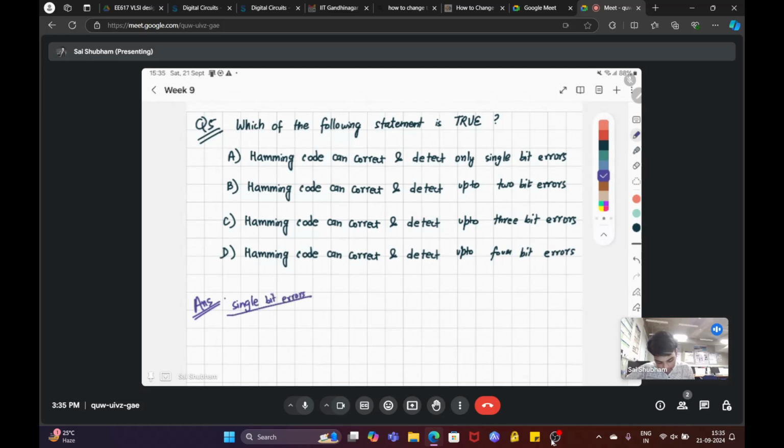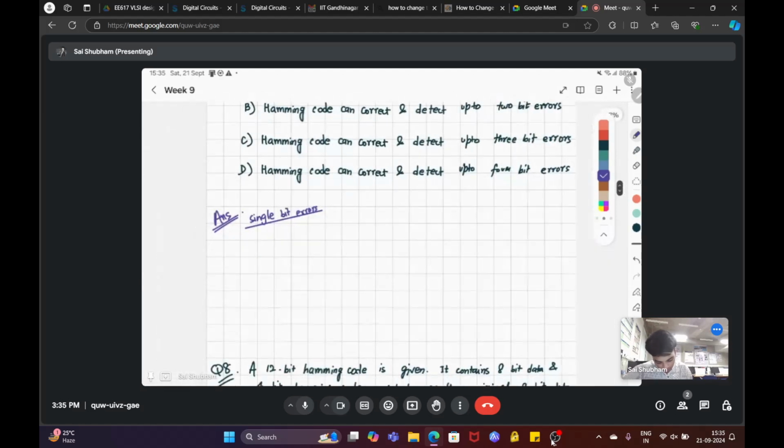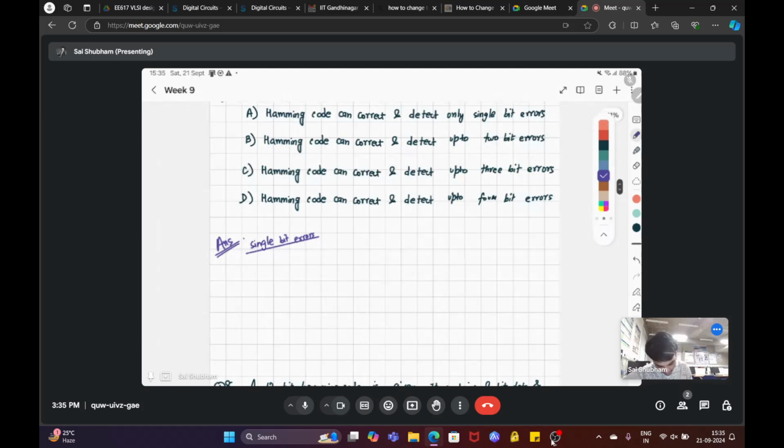So in Hamming code, what happens is that in locations 1, 2, 4, 8, which are actually the powers of 2, like 2 power 0, 2 power 1, 2 square, 2 cube, in all those locations you put extra bits which we get by XORing other bits.